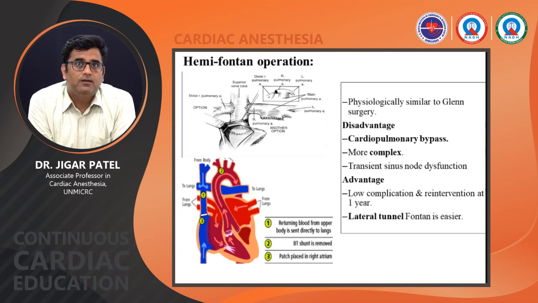In this procedure, they anastomose the SVC to the pulmonary artery in such a way that upper body blood is directed to the pulmonary artery, and at the lower end of the SVC they put a patch, so the SVC blood will not go to the RA. During the final stage of the lateral tunnel Fontan, they have to create a baffle and remove this patch to complete the Fontan.